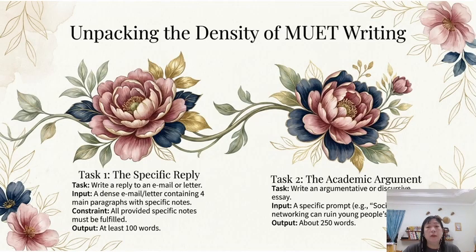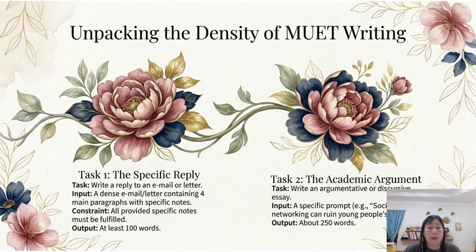Now let's take a look at what the MUET writing paper consists of. In task 1, again, students are looking at writing a reply to an email or an informal letter. For this task, students would have to read an email or letter containing 4 main paragraphs with specific notes given.